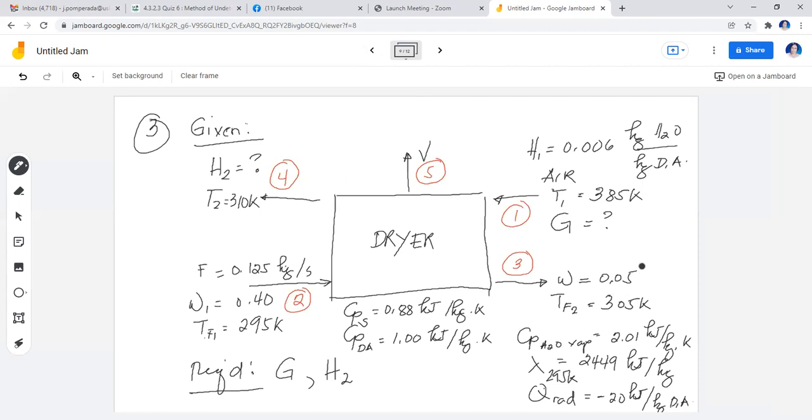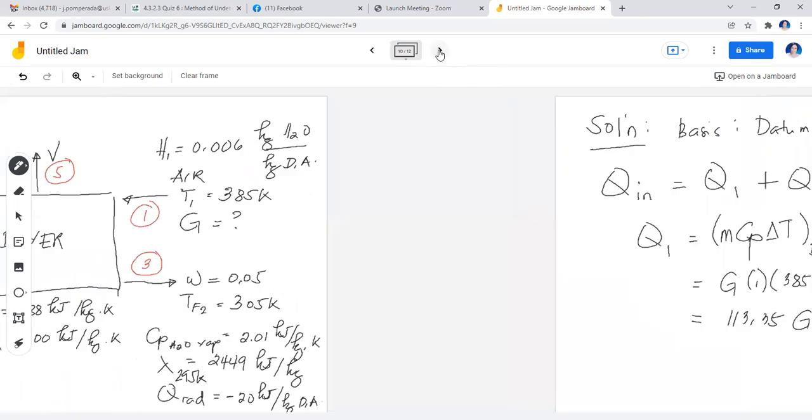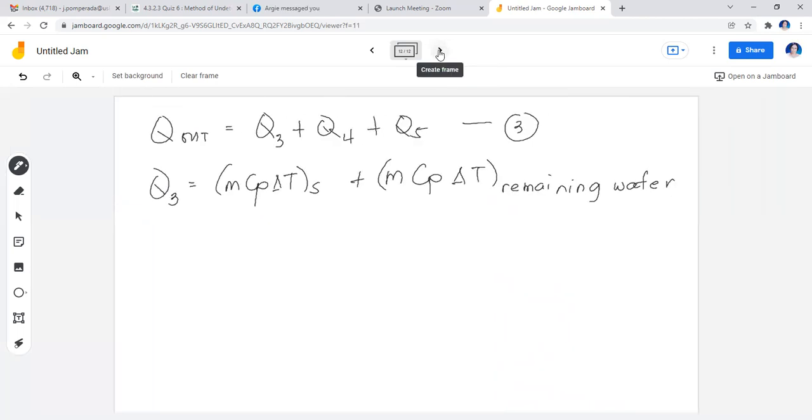You have this one? 0.05. So we will use this particular 0.05 to determine the mass of the remaining water. How do we do that? Anybody? How do we determine the mass of the remaining water based on the 5% moisture? I label this as equation 4 because I can't directly substitute now. What do we do?